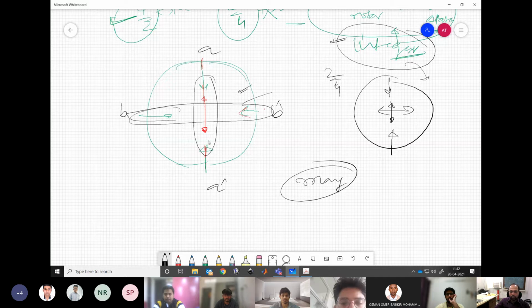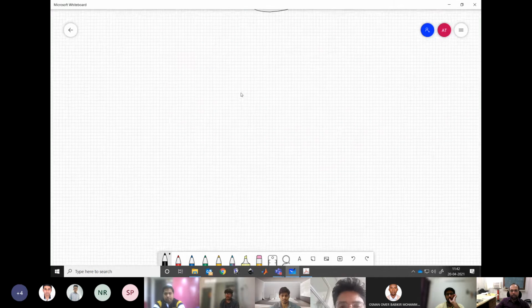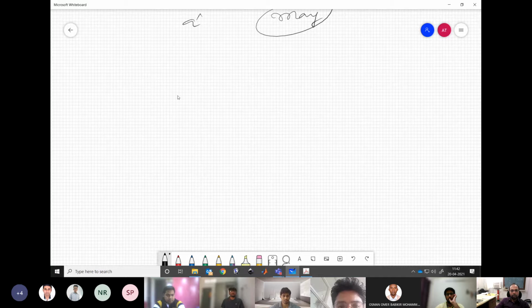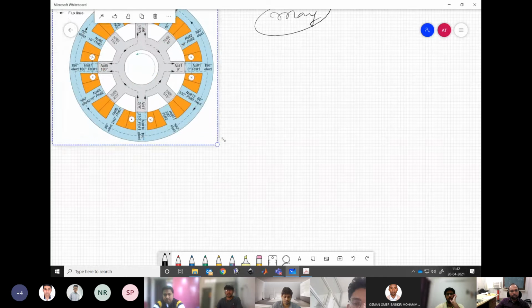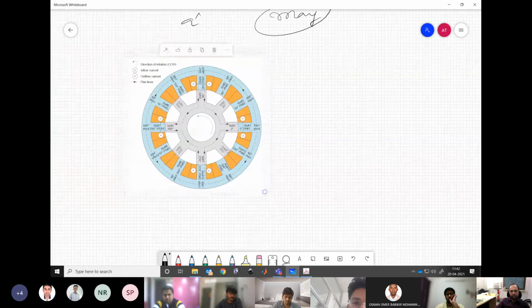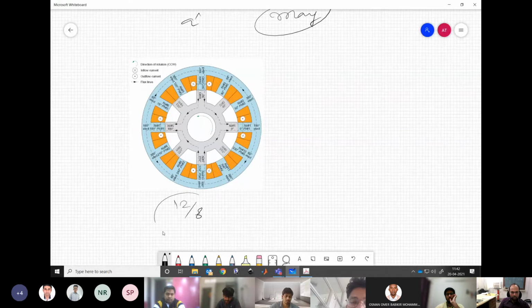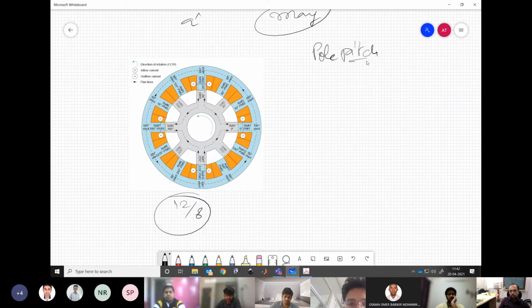Now, how to decide the step angle? A simple way I can suggest. Let's say this is a 12/8 SRM. So the pole pitch for the stator, let's say I indicate by theta s, and for the rotor by theta r. What is theta s?